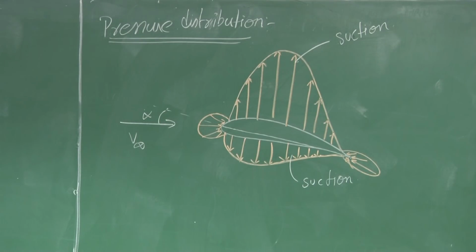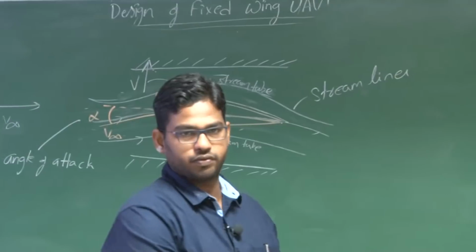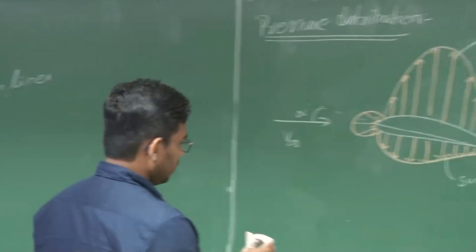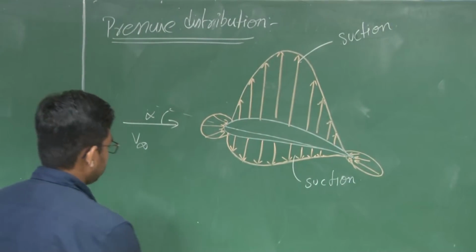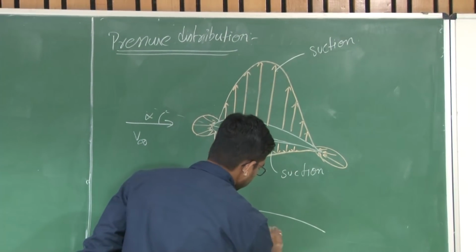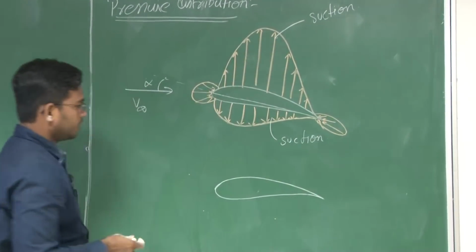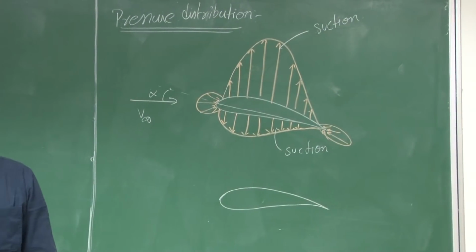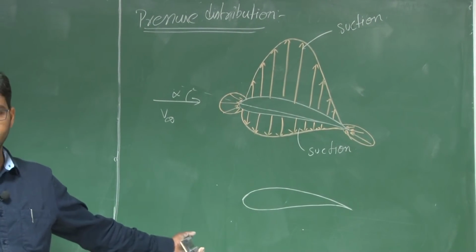Now we are satisfied that there is a pressure distribution whenever we place an aerofoil in a flow, and also on the wing. Since we are moving in a fluid, there is always a chance that this body encounters some friction with the fluid.